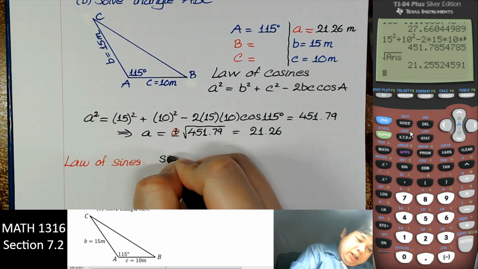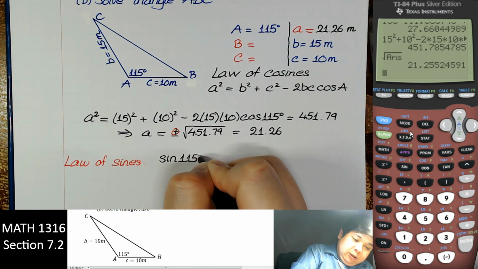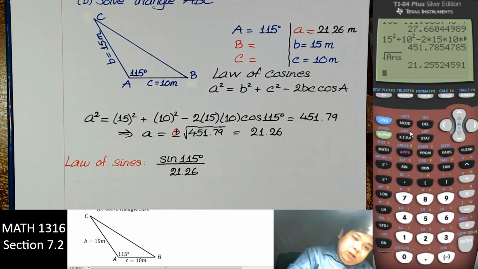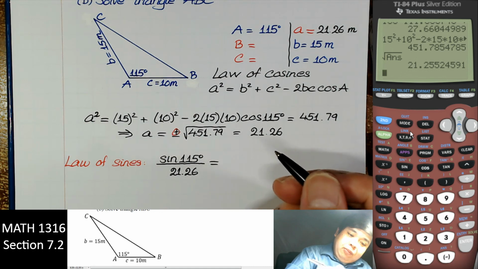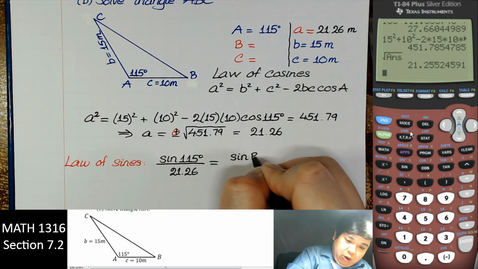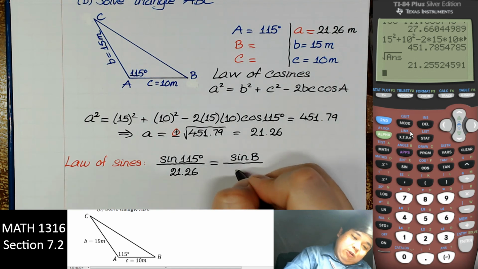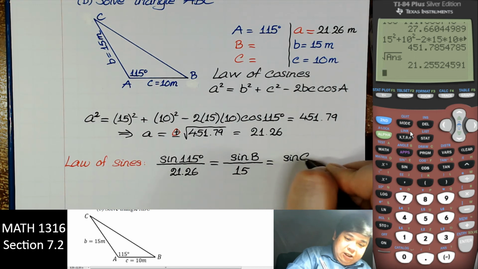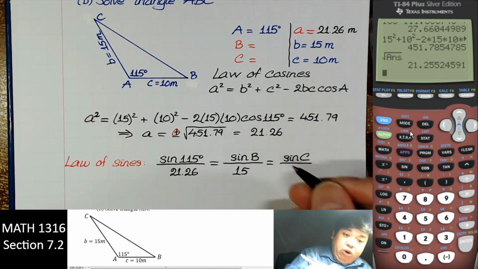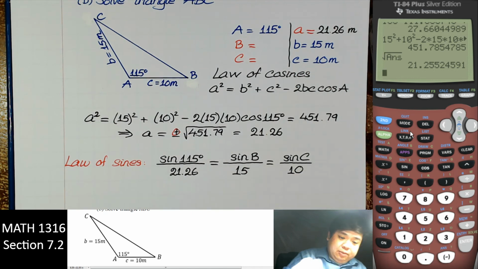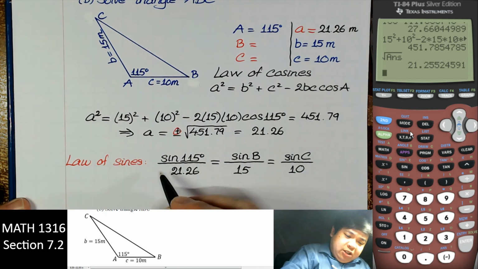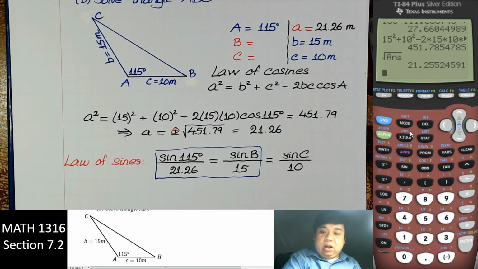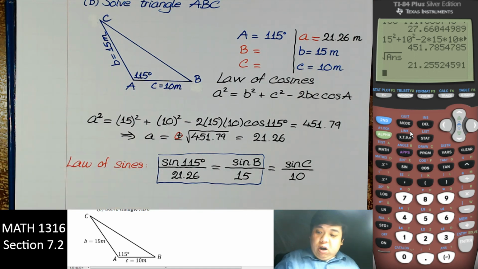Sine of 115 degrees over 21.26 equals sine of big B, which we don't know, over 15, equals sine of big C, which we don't know, but we know little c over it. So obviously we will take this ratio with this one, cross multiply, and solve for sine B.